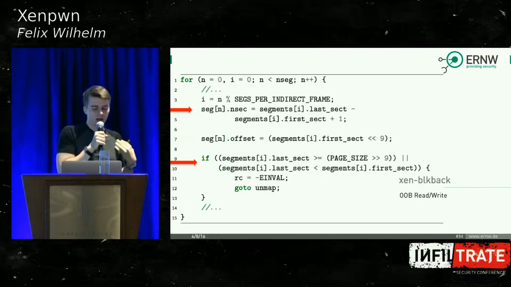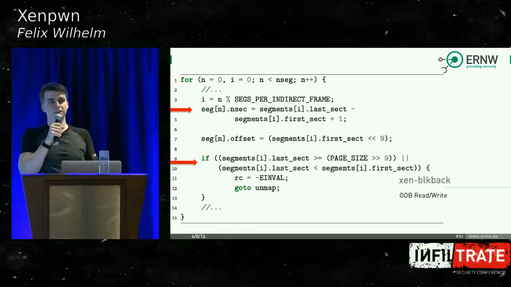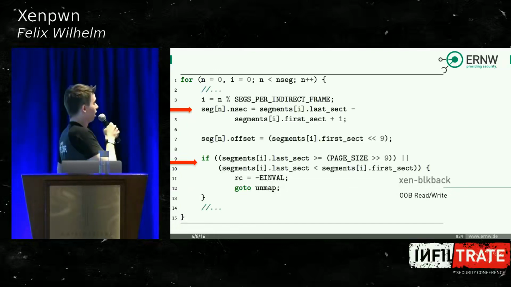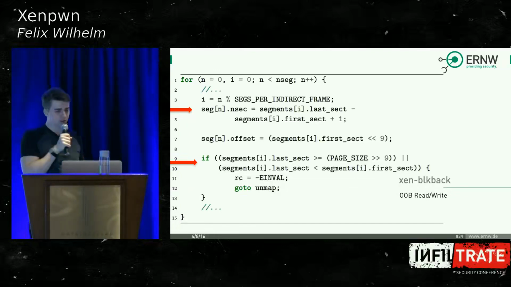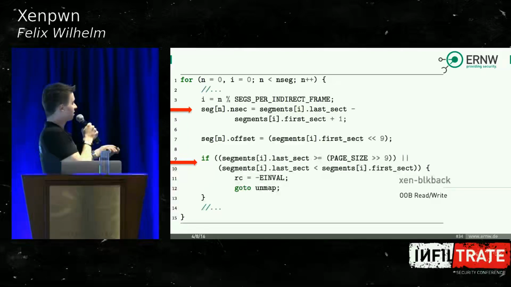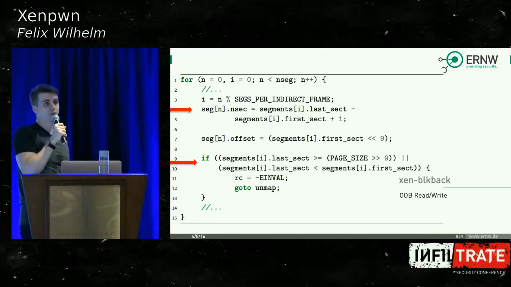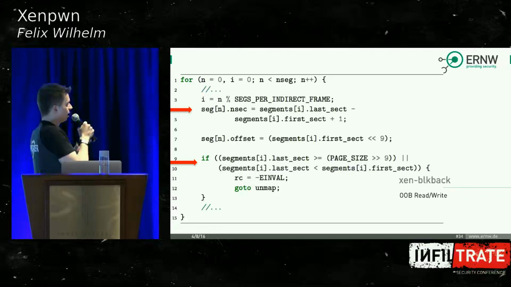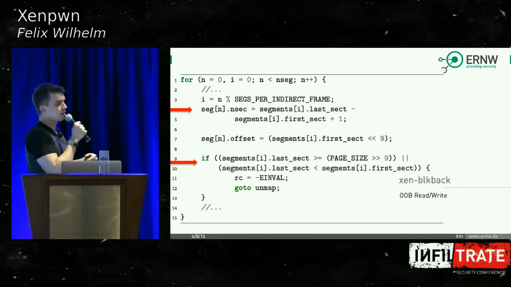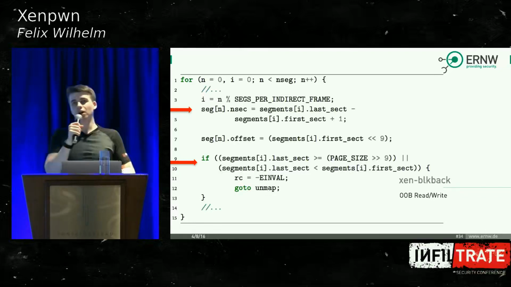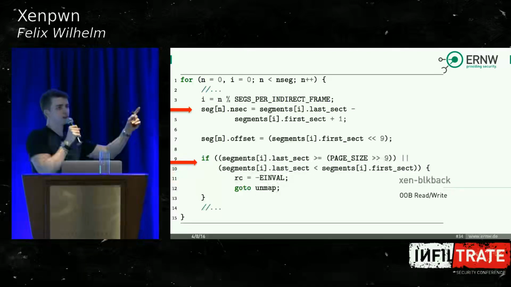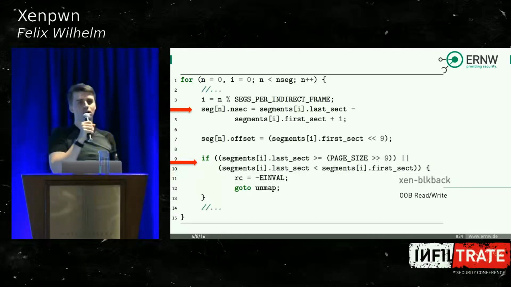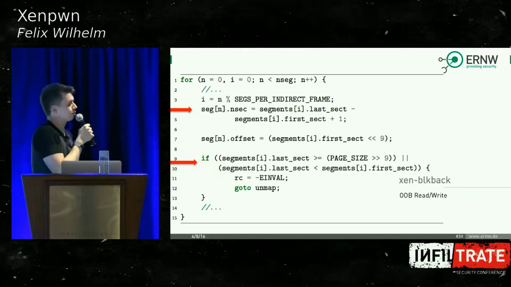So the next bug, and this one is, I think, if you want to do real world exploitation with these vulnerabilities, probably the most critical one. So again, you have this segments array, and the segments array is stored in a shared memory area. What happens here is you send a request over the disk backend, so you specify this is the first sector I want to read, and this is the last sector I want to read or write, depending on the request.